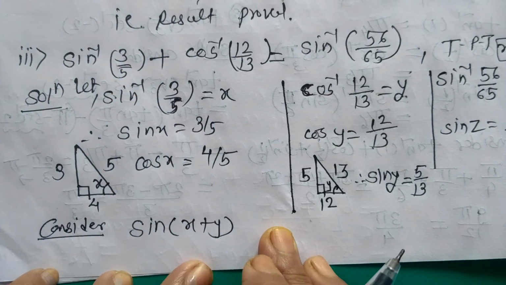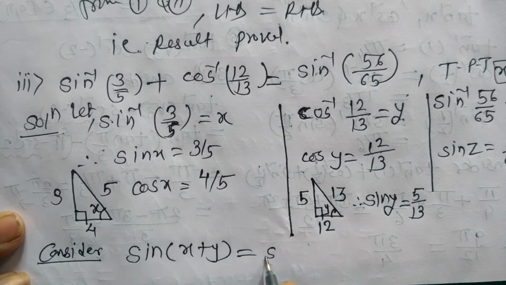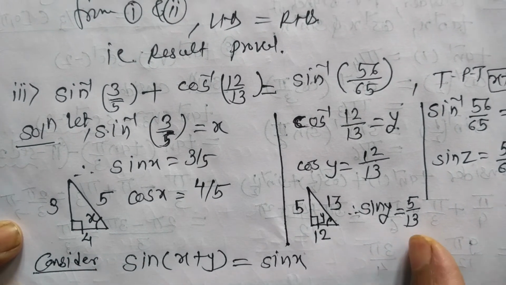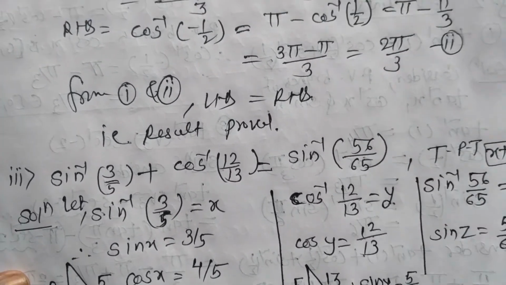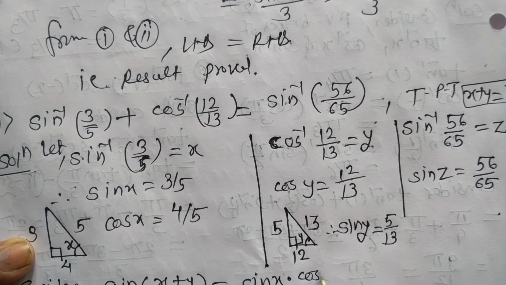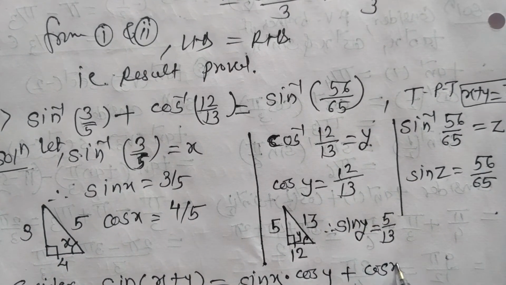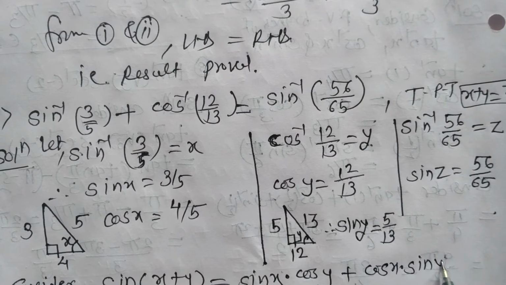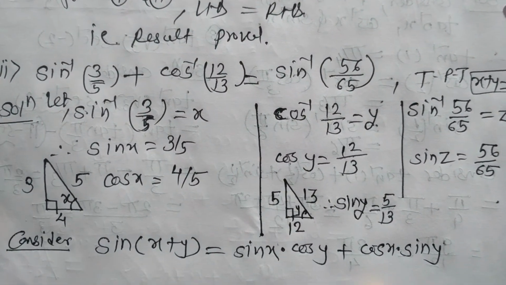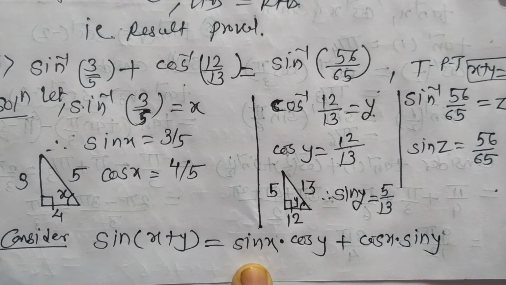Sine of x plus y is equal to sine x into cos y plus cos x into sine y. Now we take the values of sine x into cos y plus cos x into sine y.